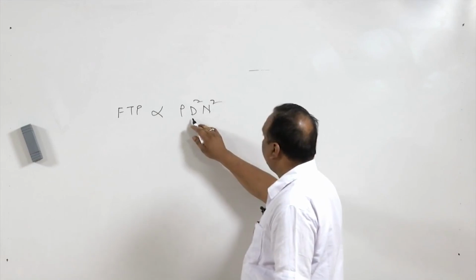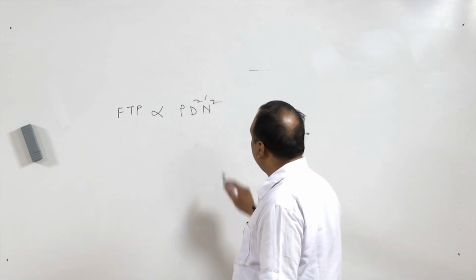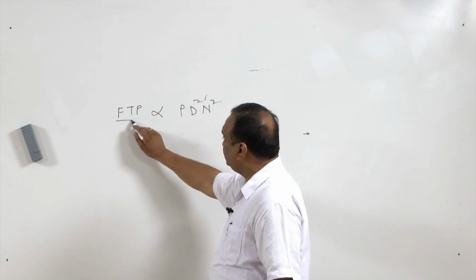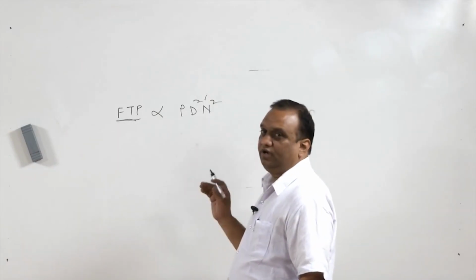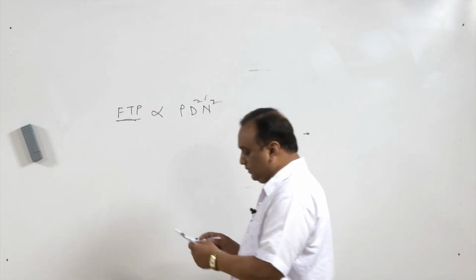D is the diameter of the fan, N is the RPM. So, suppose if we change RPM of the fan, the fan total pressure will change with the square of this. It is not directly proportional.